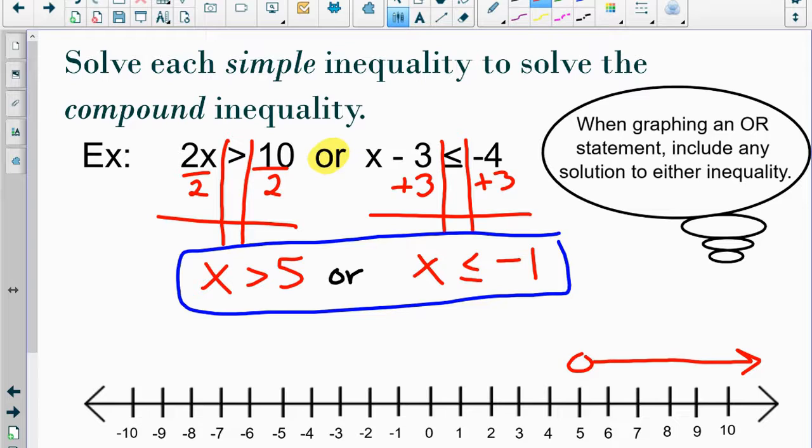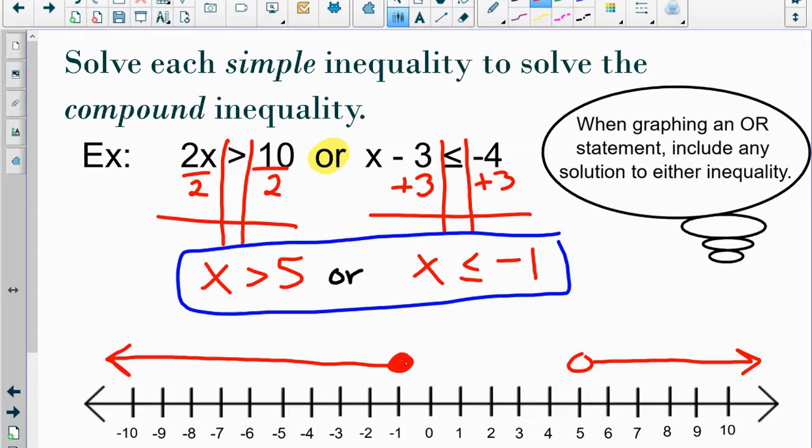Now, the other part of our solutions are all the x values that are less than or equal to negative 1. So I find negative 1 as my boundary. My inequality symbol is less than or equal to, so negative 1 is in fact a solution this time. I fill in the circle completely right on my boundary value of negative 1. Since it says x is less than or equal to negative 1, I draw my arrow to the left for all those numbers that are less than negative 1.